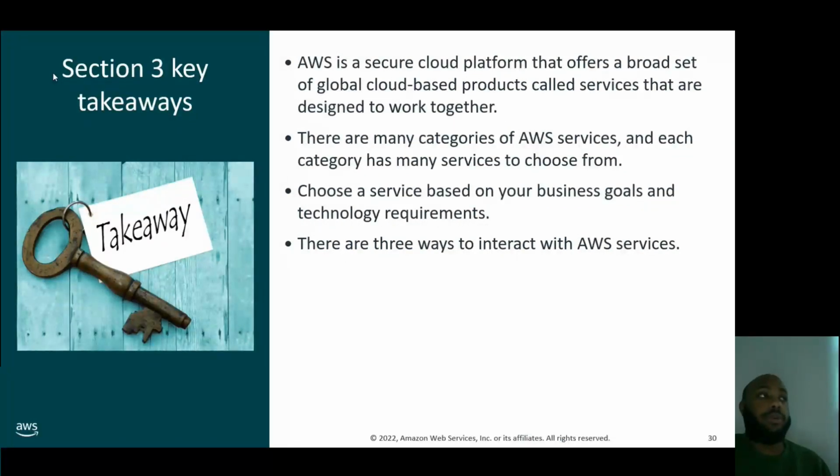There are many categories we saw: compute, networking, identity management, databases, blockchain, much more. We choose services depending on our business needs. And then there's the 3 ways that we connect to our AWS services.